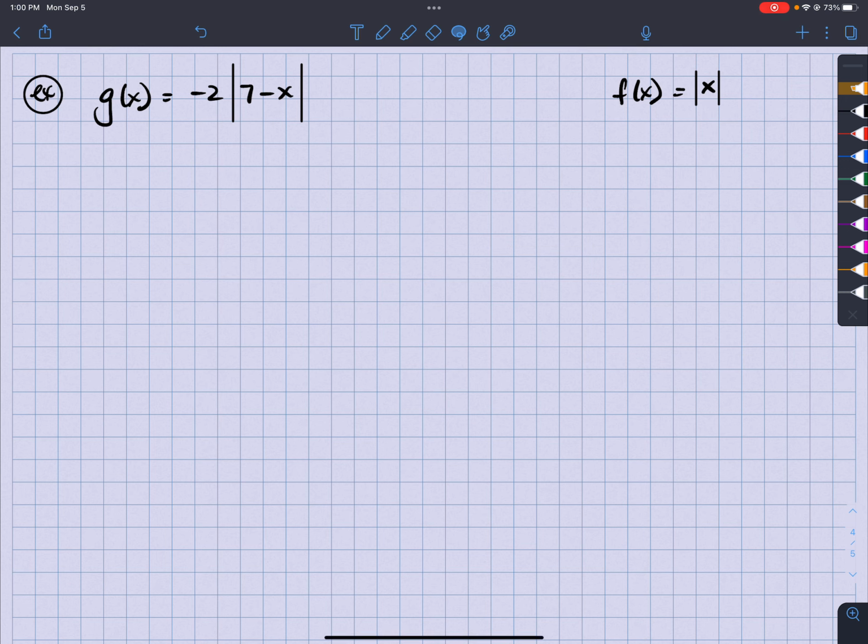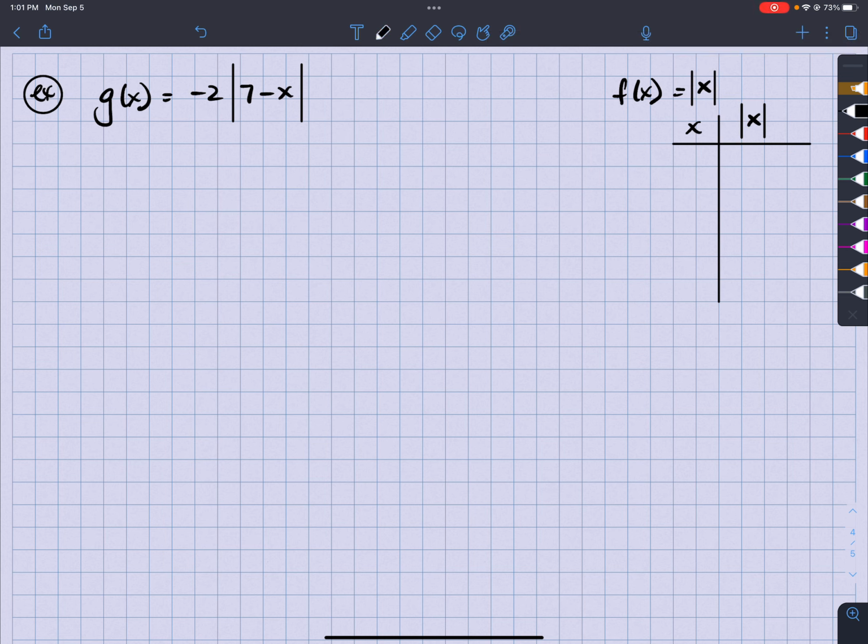So with that being said, let's first find some points for this. I would typically want to make 4 points. So for the x value, this side is going to be the absolute value of x.